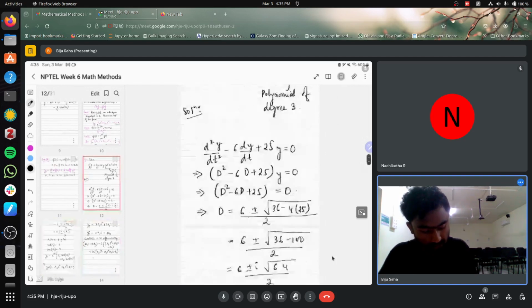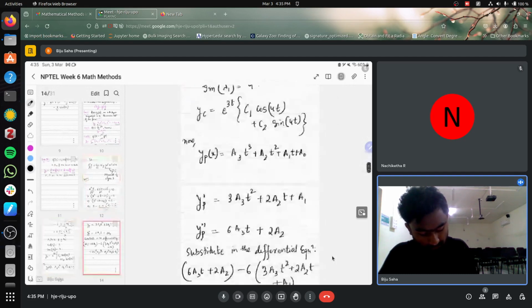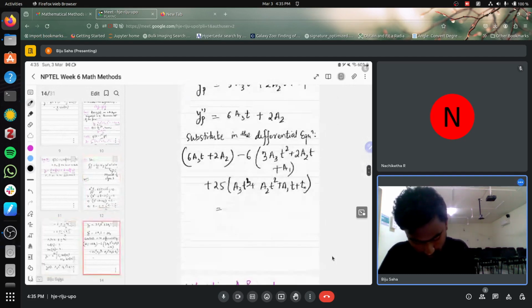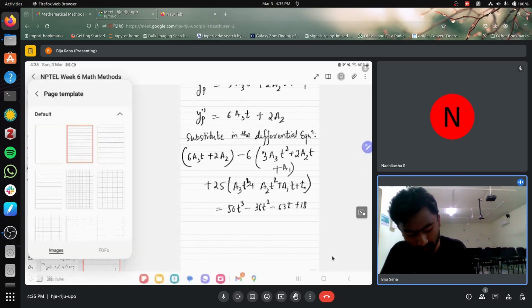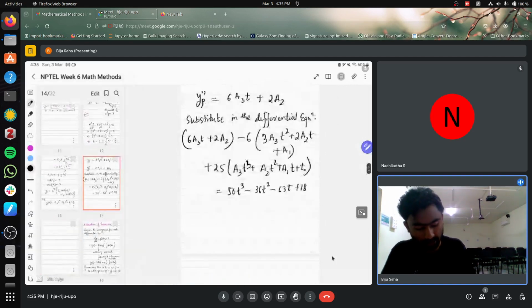And this is equal to 50t cube. Yeah. So now let me separate out various powers of t and then compare from both sides.